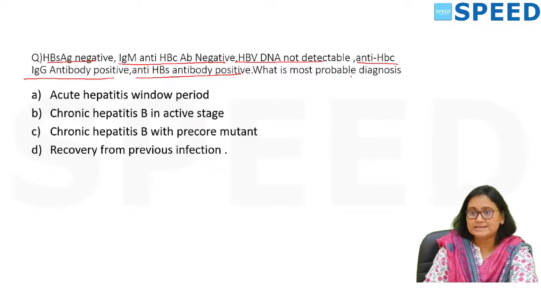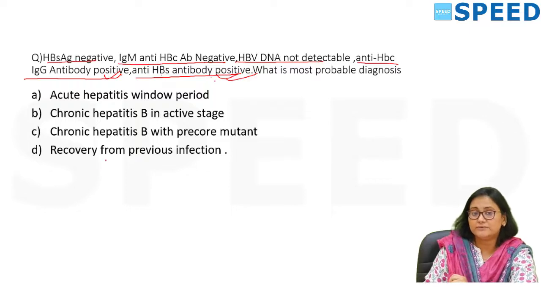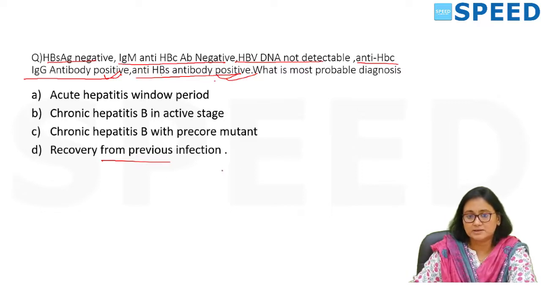Only he has anti-HBc IgG antibody positive and anti-HBs antibody positive. So what do you think? So as you remember from the table, when these two markers are positive, those are the people who have recovered from previous infection. Okay. So, correct answer over here is recovery from previous infection.